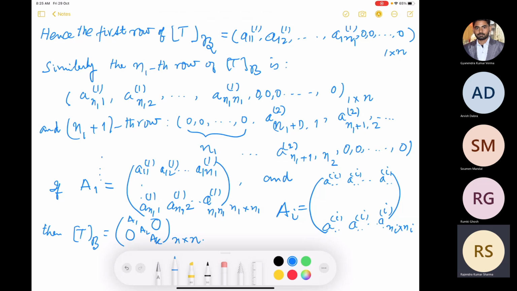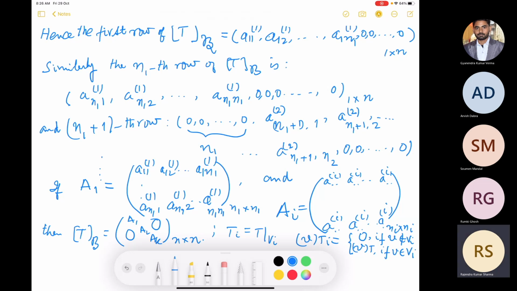And obviously, the way it has been obtained, this is also clear that T_i is the linear transformation induced by T on V_i. So T_i is T on V_i. So v T_i is 0 if v does not belong to V_i, and is vT itself if v belongs to V_i.